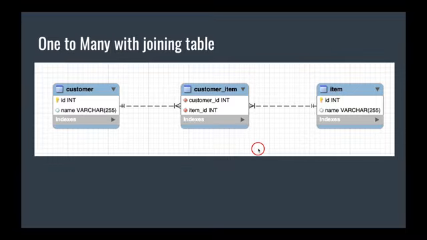Whenever you define an @OneToMany association in the customer entity and you are not defining any joining column inside this customer entity, then Hibernate will automatically create the customer item table, and it will provide two foreign keys, customer id and item id, inside this joining table.